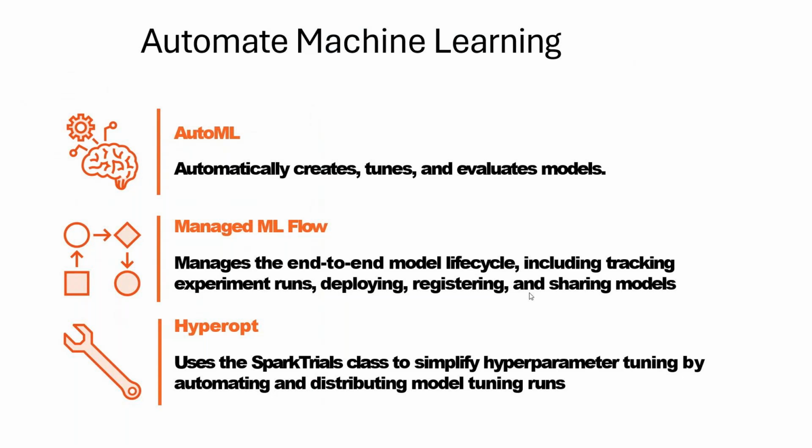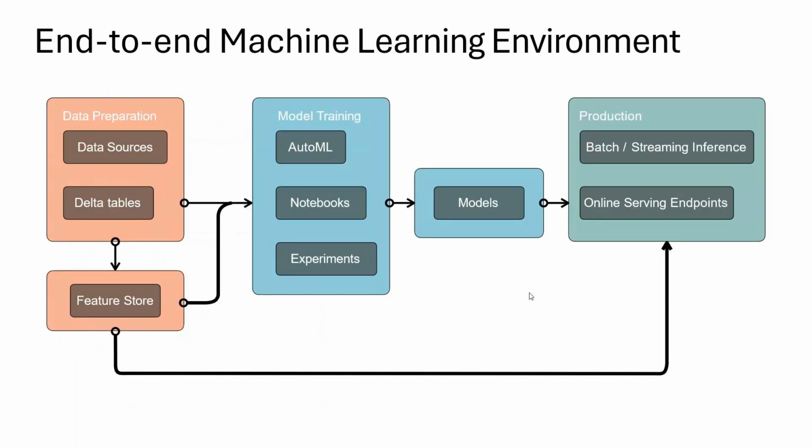You have managed MLflow, where you manage the end-to-end model life cycle, including tracking experiment runs, deploying, registering, and sharing of models. Another feature is HyperOpt, which uses Spark to simplify hyperparameter tuning by automating and distributing model tuning runs.